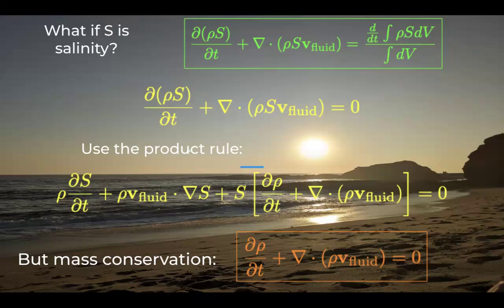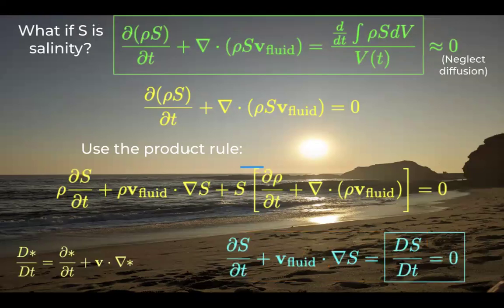But what's that thing in brackets equal to? 0. 0 because of this conservation of mass. So I can throw out that term. And so in fact, if I'm in the water, the density is not 0. So I can divide through by density, and I have an equation for the conservation of salinity, not just the conservation of salt.